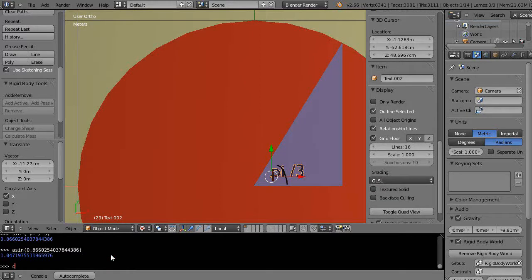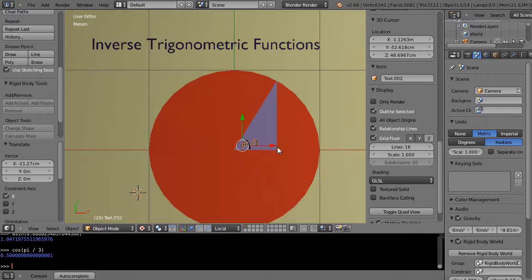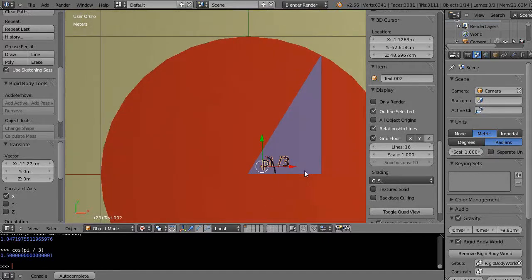Down in here, cosine has to use radians, pi divided by 3, and it gives us a length of 0.5 for this edge. You can verify that 0.5 is the length along that cosine edge. If I know the side, I'll just do the arccosine of 0.5, and it does the same thing and returns that angle.